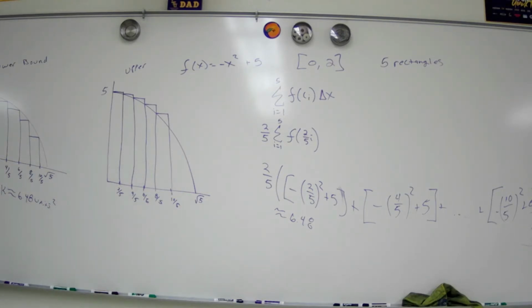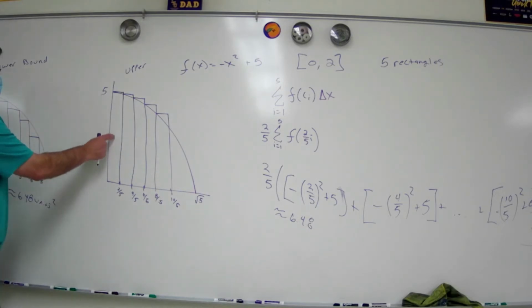Now the upper bound. What's going to change on my upper bound? Anybody have an idea what's going to change on my upper bound? Anybody? How am I going to go from this to this mathematically?